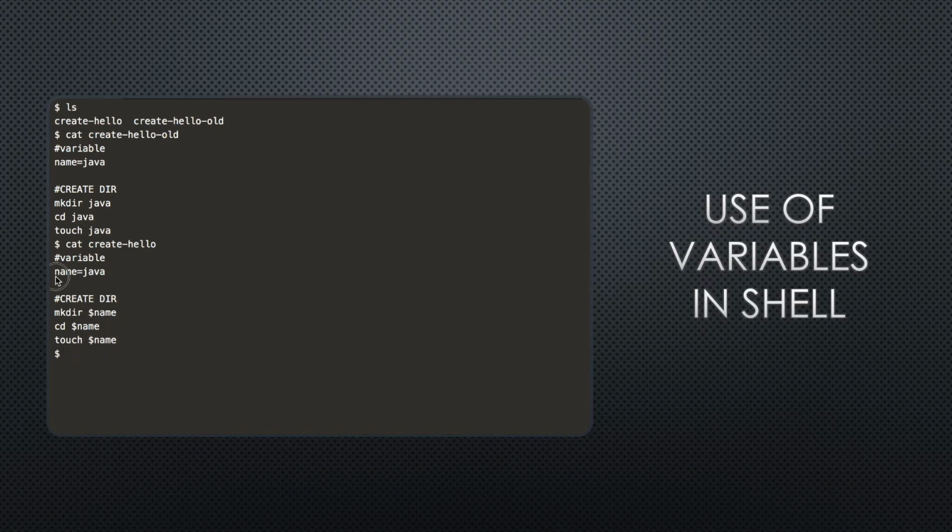It will pick up the name from this variable, so that it would be easy for this script to modify, and this will take less time. So this is the importance of variables, and we can check it by running this script here.